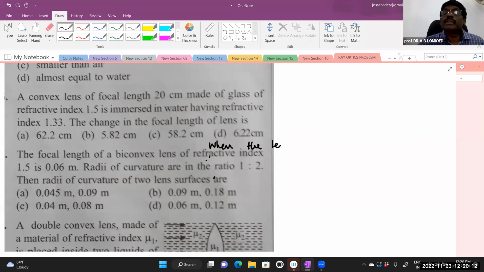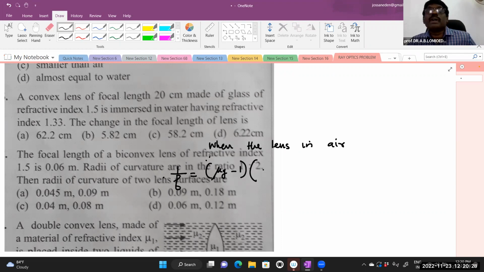When the lens is in air, the first case, the lens is made up of glass. The formula is 1 divided by f equals (mu minus 1) times (1 divided by R1 minus 1 divided by R2).